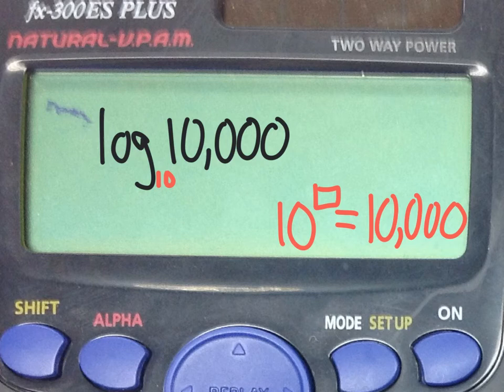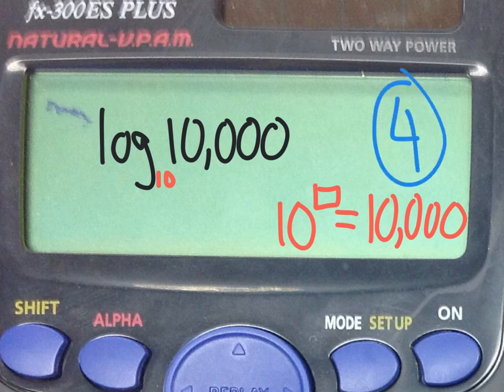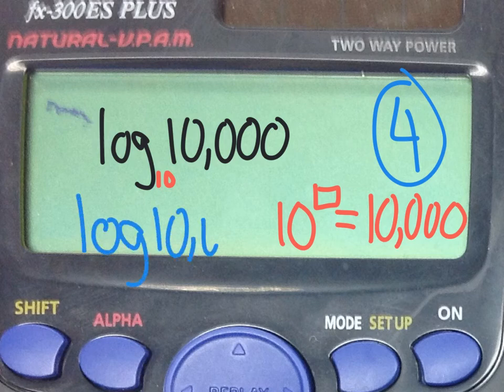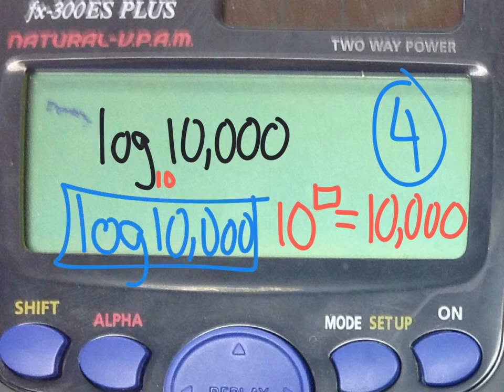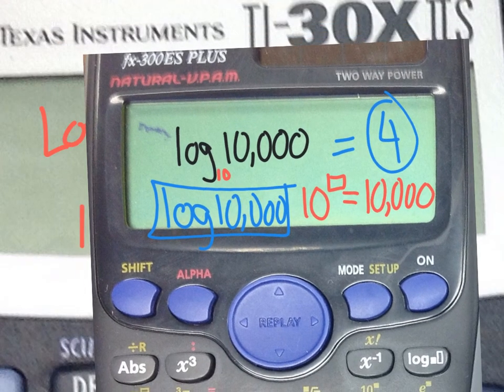Now, 10 to the second is 100. 10 to the third is 1,000. 10 to the fourth must be 10,000. So just by knowing that, I know that my answer is going to be 4. Go ahead and do it on a calculator. Type in log, type in 10,000, hit equal. That's common log 10,000, hit equal. You should get the answer 4. Yay? Okay, so are we understanding logarithms?